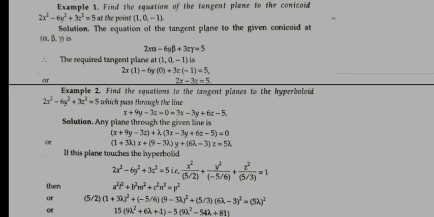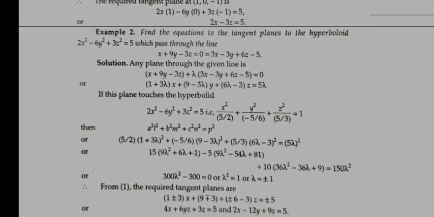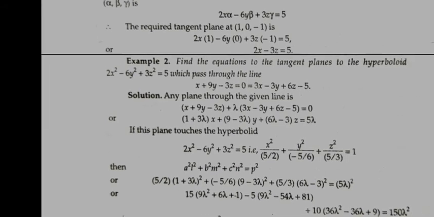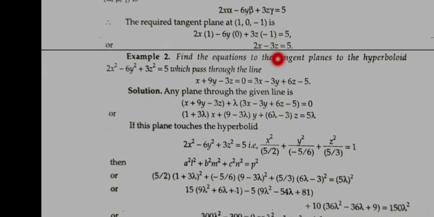We know that in the place of x square we can put x and alpha. So 2x alpha minus 6y beta plus 3z gamma is equal to 5. In the place of alpha, beta, gamma, the given point is 1, 0, minus 1. Put there, then 2x times 1 minus 6y times 0 plus 3z times minus 1 is equal to 5. Then we find the equation of tangent plane is 2x minus 3z is equal to 5. This is the equation of the tangent plane.